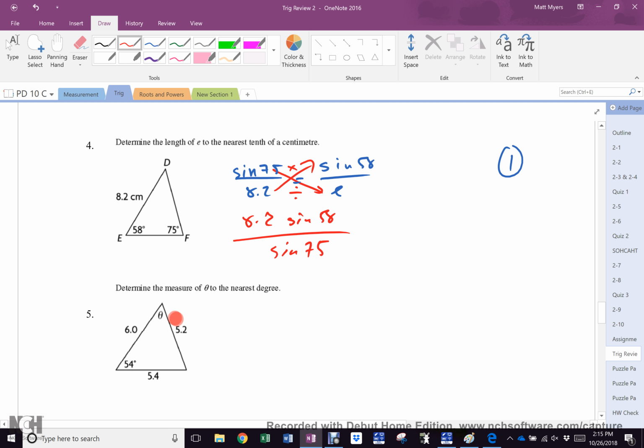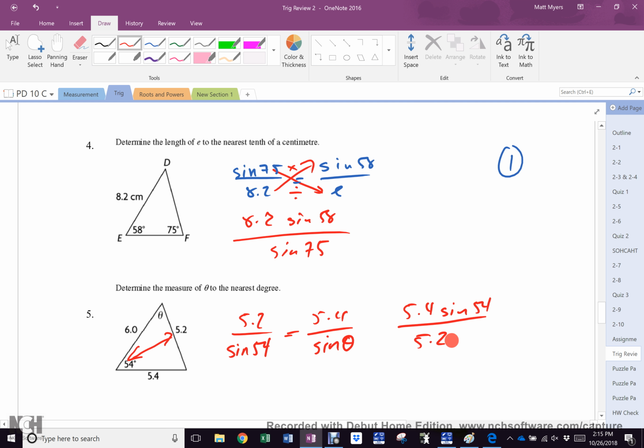This one, theta. Again, you have a pair, so it is sine law. I'm going to switch the order this time for the people that like to put the sides on the top. No problem, easy. 5.4 over sine theta. 5.4 sine 54 divided by 5.2. And then at the end, shift sine to get 1 mark.